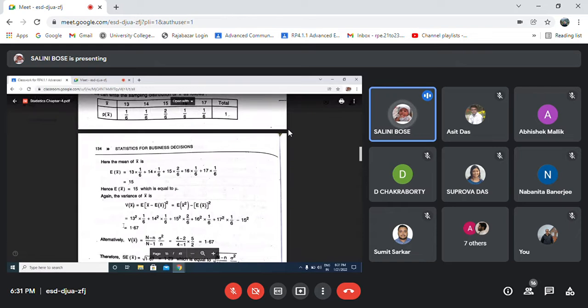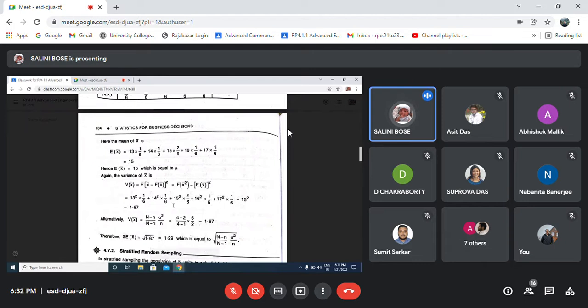Finally we'll get this result, and you can check it with the population variance formula; you are getting the same value.